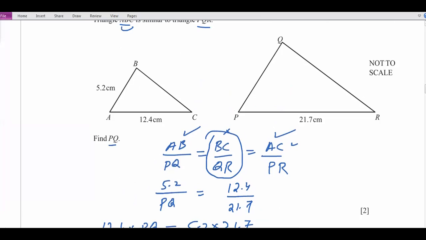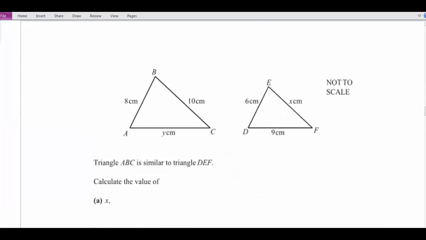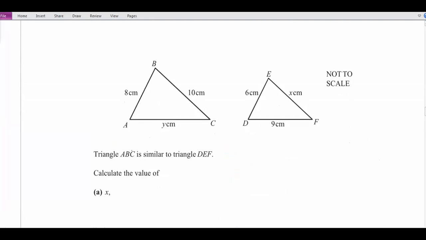So you should know how to do this. Always look at this order. If the shapes are similar, take the ratio accordingly. So this question becomes pretty simple. Now in this case, look at this one. ABC is similar to DEF. So the same thing you will do.